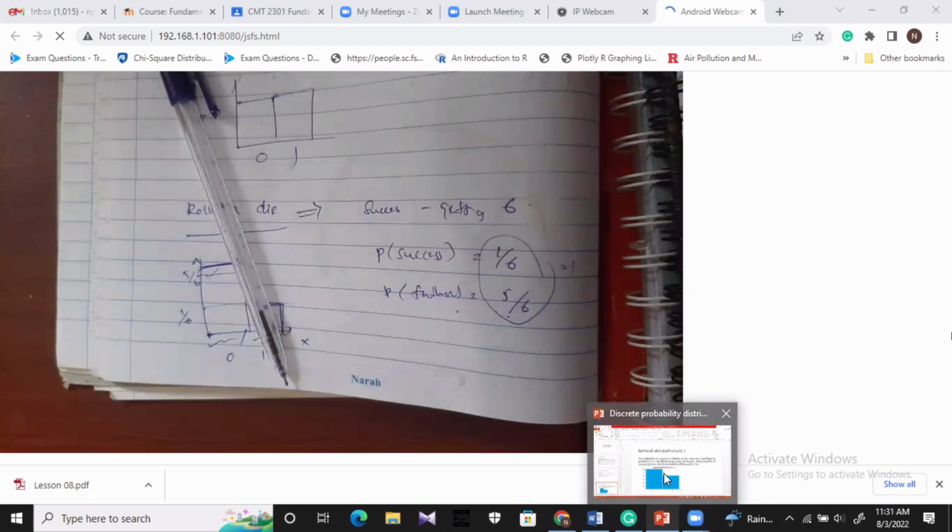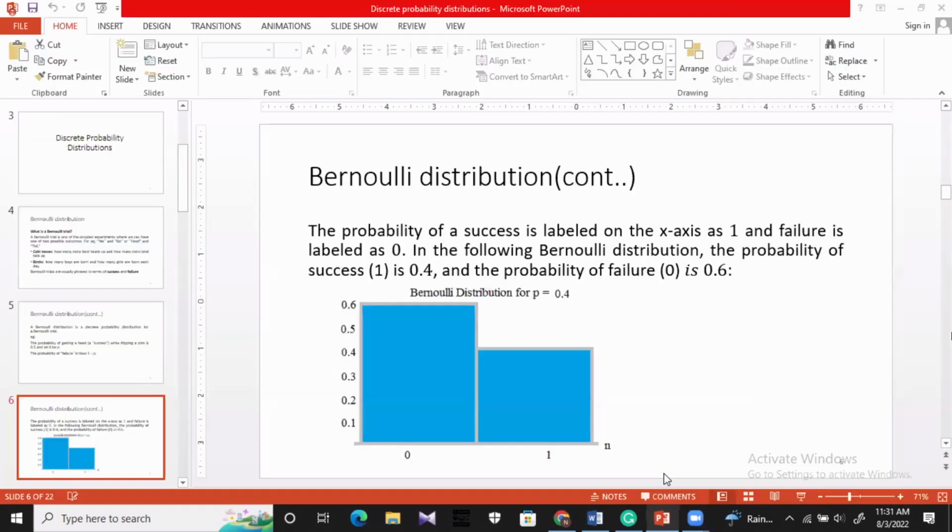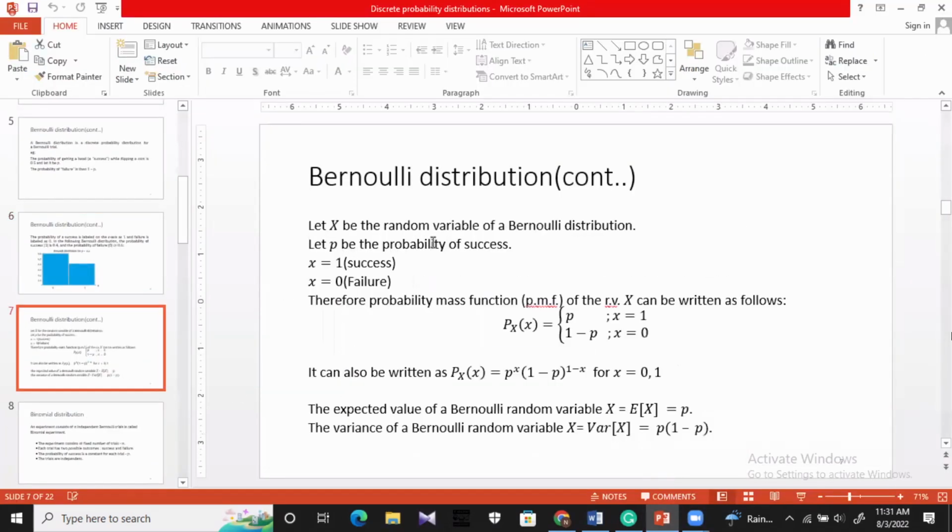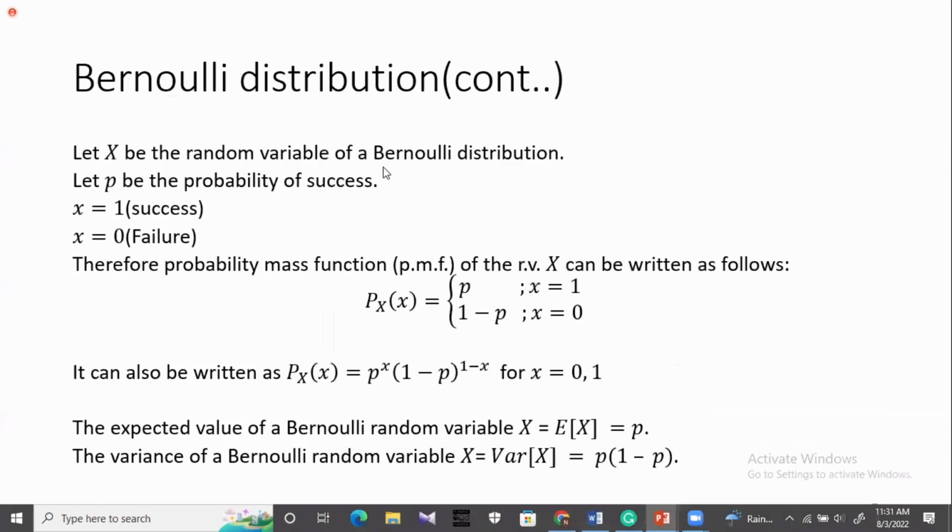Okay, let's go back again. Bernoulli distribution. Let capital X be the random variable of a Bernoulli distribution. That means we have a Bernoulli trial. So in that experiment, we define the random variable as capital X, that is either a success or a failure.